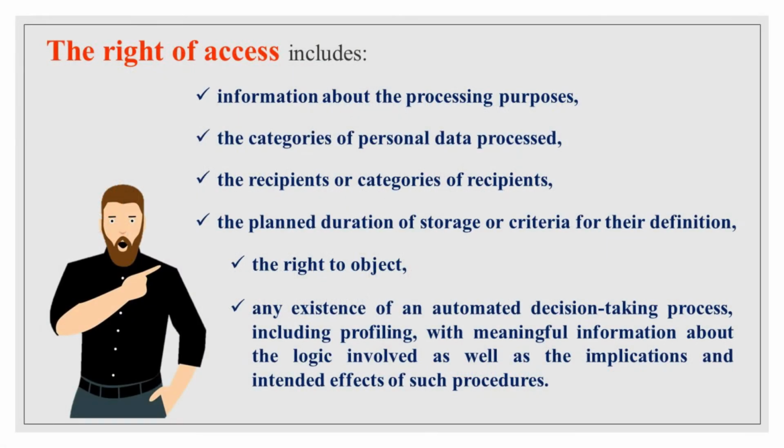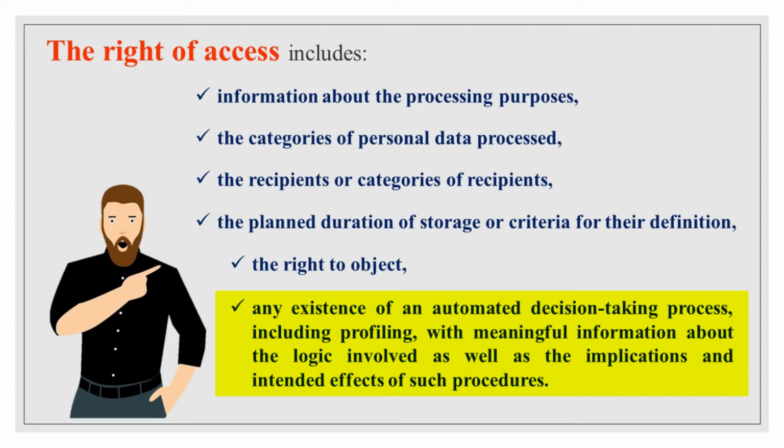The right of access includes 1. Information about the processing purposes. 2. The categories of personal data processed. 3. The recipients or categories of recipients. 4. The planned duration of storage or criteria for their definition. 5. The right to object. 6.